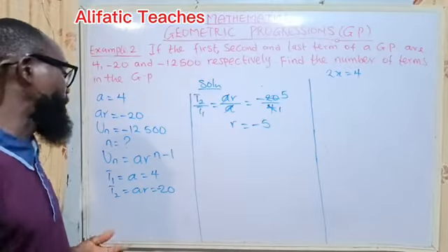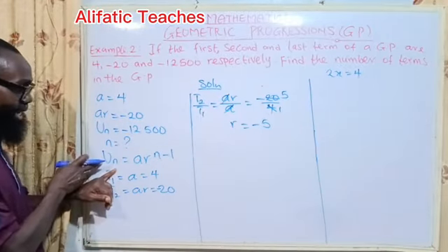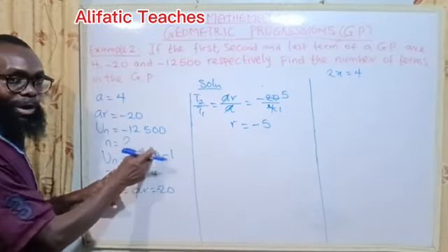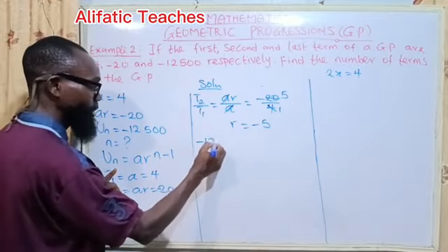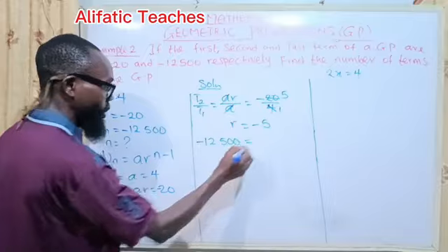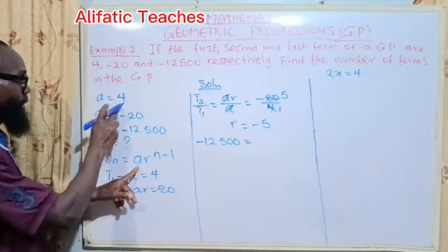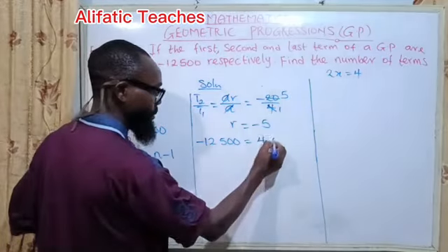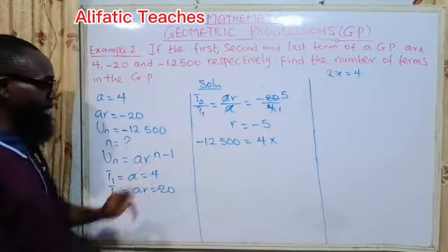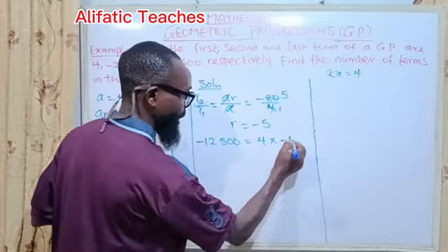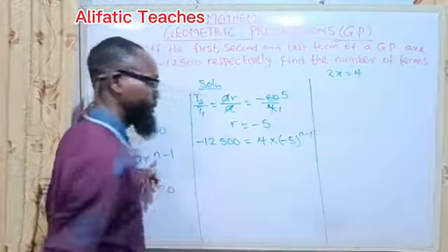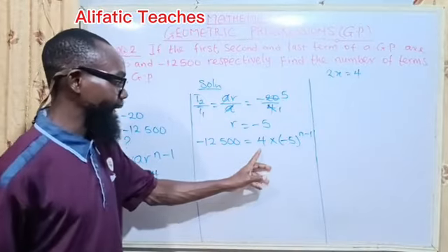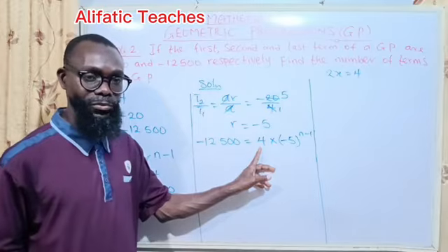Then we go back to our formula, un equals ar raised to power n minus 1. What is my un? Minus 12,500 equals my first term, 4, multiplied by my common ratio, minus 5, raised to power n minus 1.